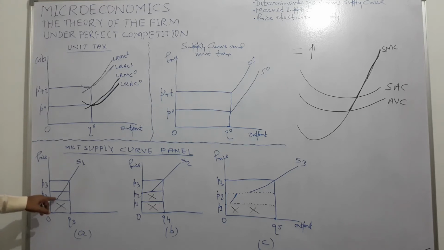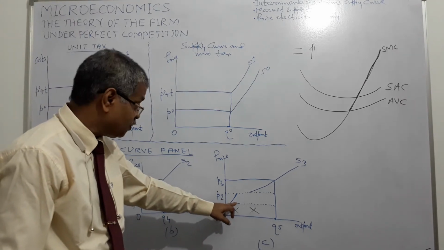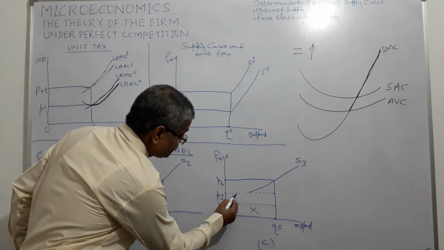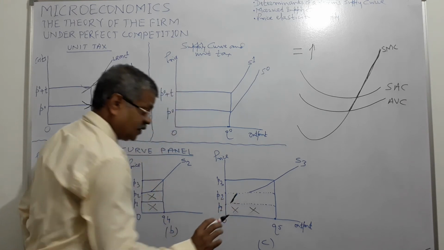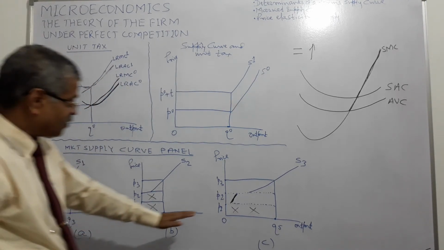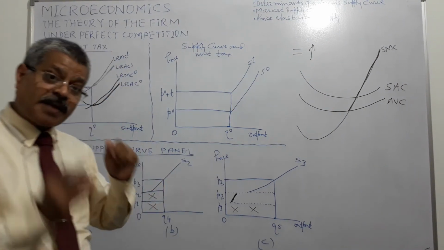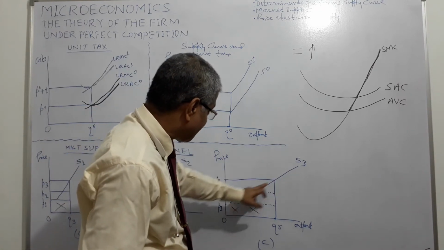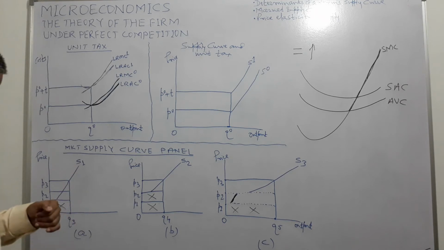So this is unit 1's supply curve in the market, in the aggregated sense. And when we go beyond P2, both the units are ready to supply. So this is the combined supply curve of unit 1 and unit 2, right?